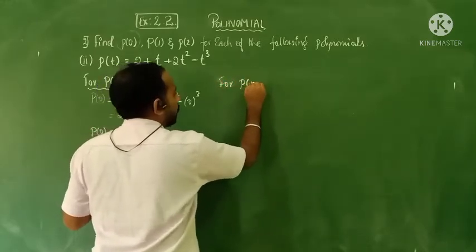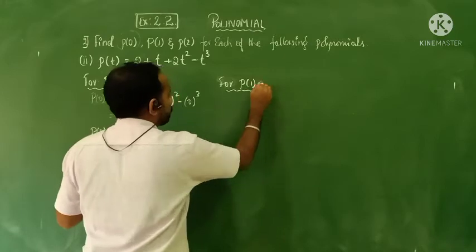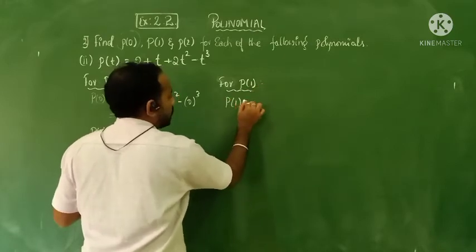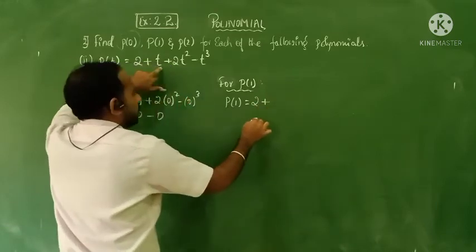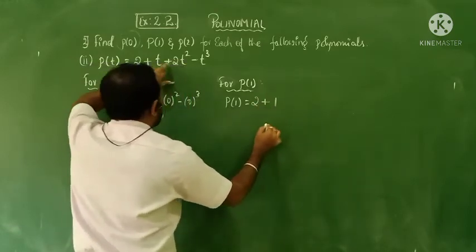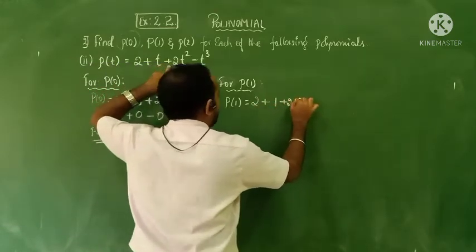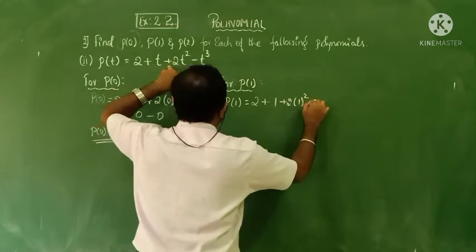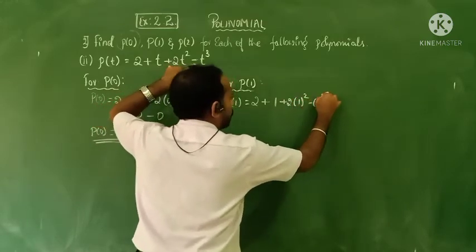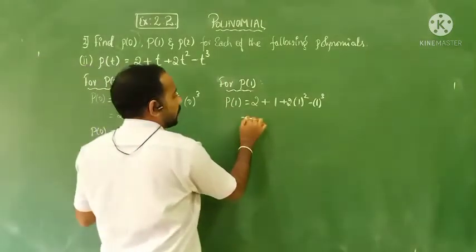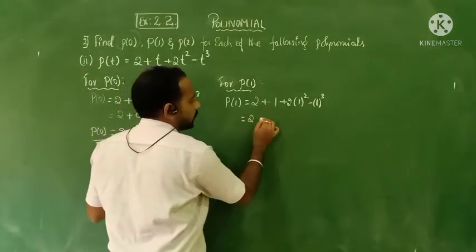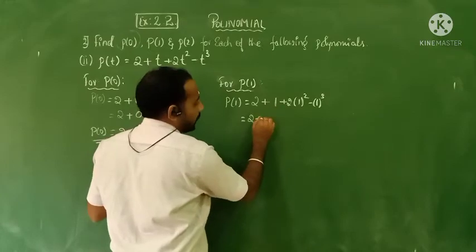For P of 1. So P of 1 is equal to 2 as it is, you write. T is nothing but 1, plus 2 into 1 square, minus 1 whole cube. 2 as it is, you write down now, or you can add also, no problem.